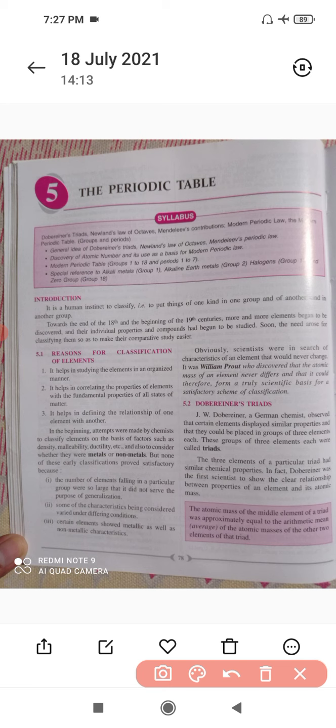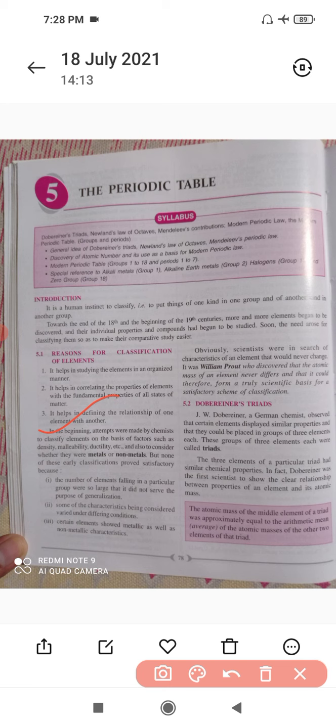In the beginning, chemists tried to classify elements on the basis of factors such as density, malleability, ductility. All the scientists from very early on tried to make a table, a proper arrangement of all the elements, and they used different variables and different measuring units to make this table.